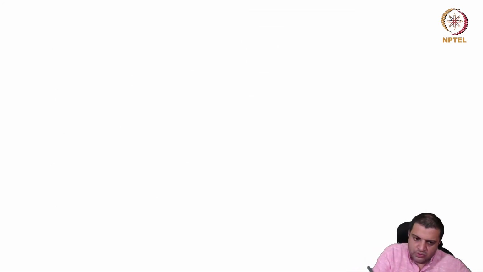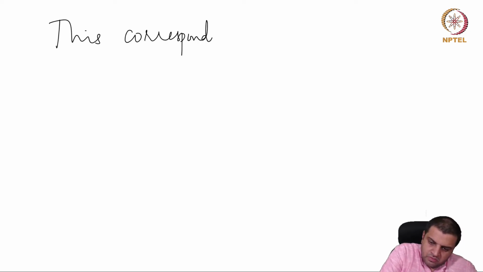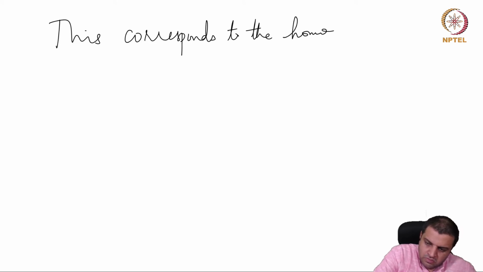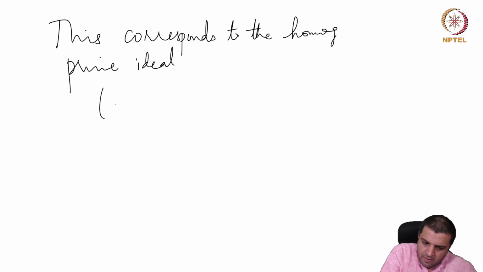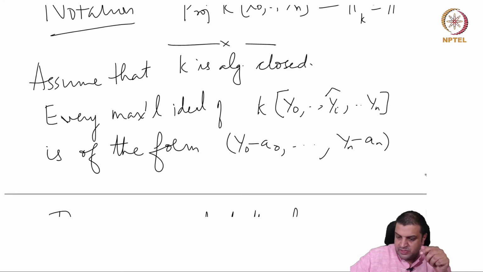So this corresponds to the homogeneous prime ideal (x0 minus a0 xi, ...). Remember, here we were saying y0 is a0, which means that x0 over xi is a0.